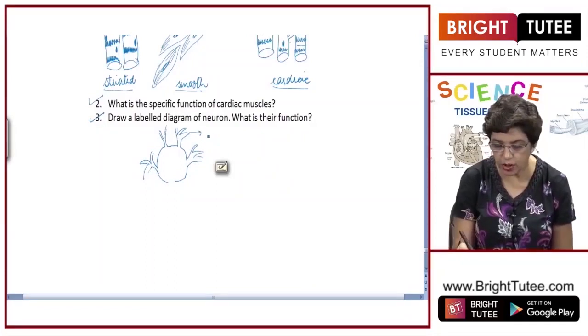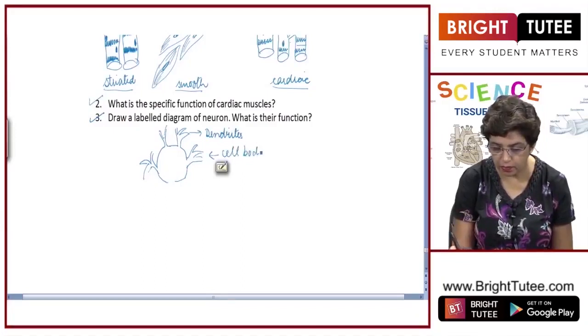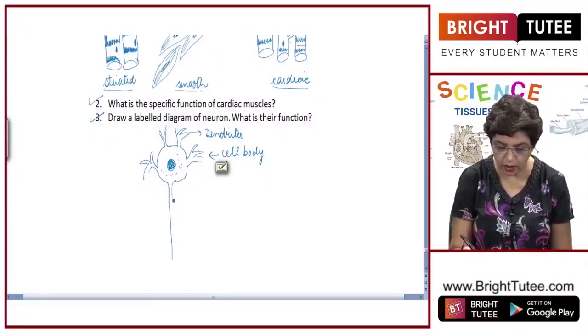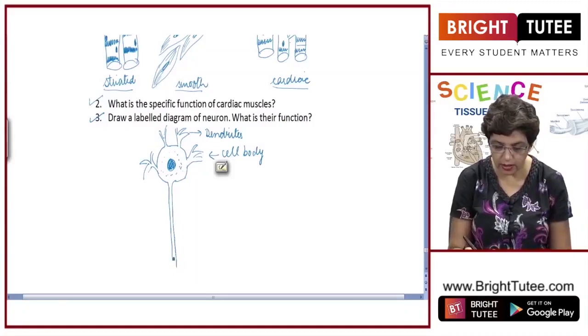These projections are called dendrites. This is the cell body. The cell body has a prominent central nucleus and dense cytoplasm. Then there is a long projection at one end. This is the axon.